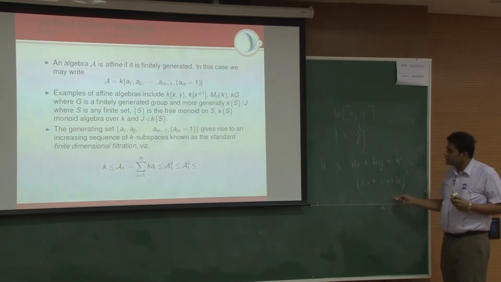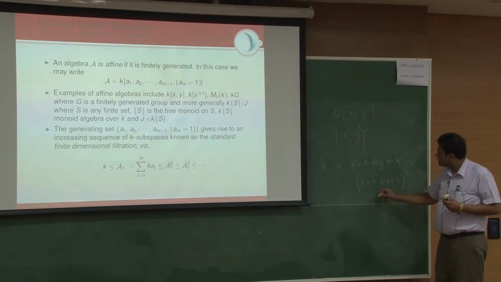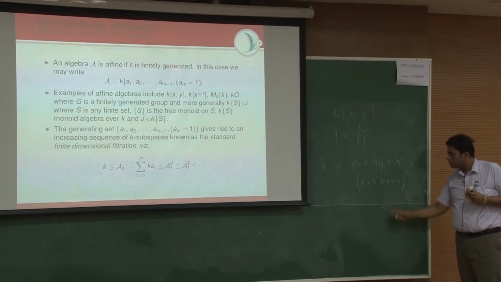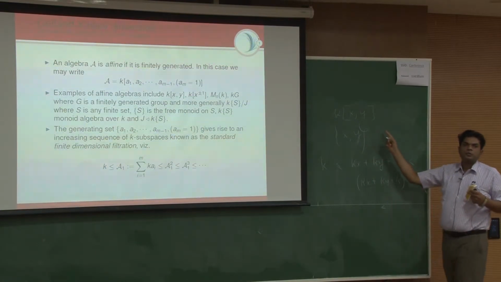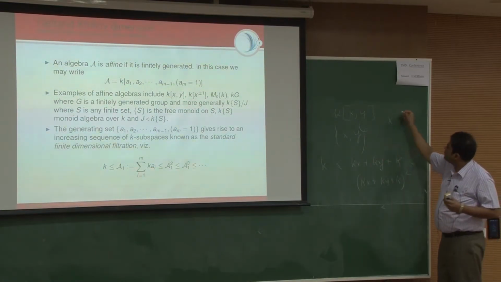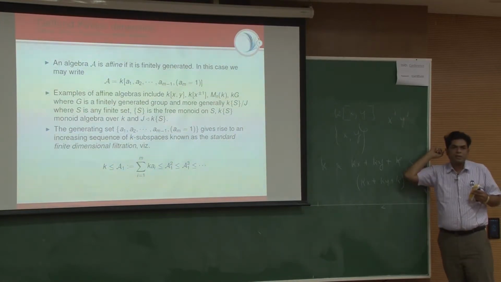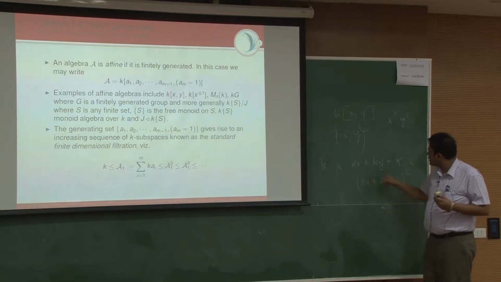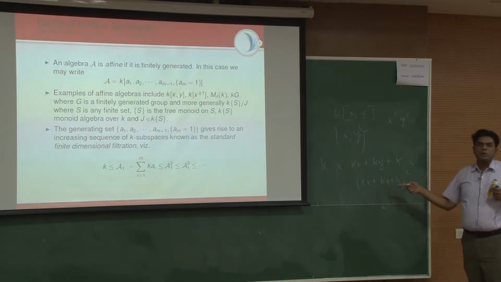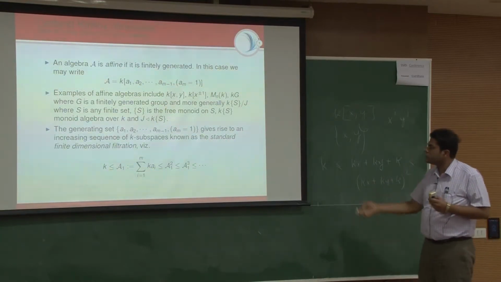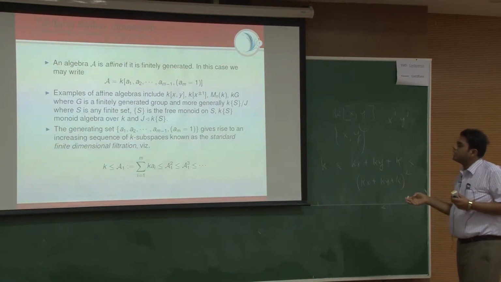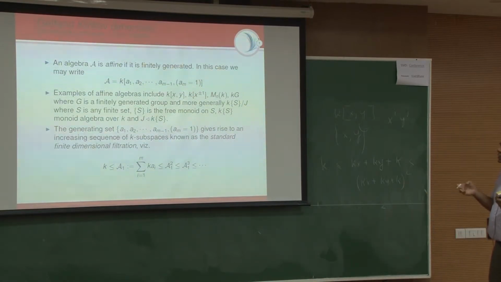If I square this, what I get is the span of all the words in x and y. By words, I just mean monomials of the form x^i y^j. So if I square this, I get all the words whose length is at most 2. So there is a very clear meaning to this filtration: the nth term is nothing but the span of all the words whose length is at most n.